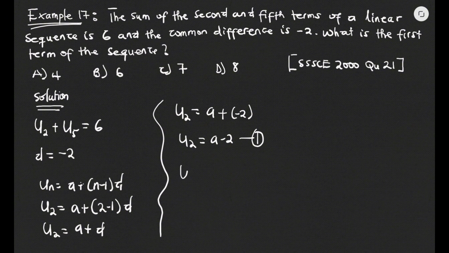Okay, so let's look at u5. For u5 we'll have a plus (n minus 1) multiplied by d, and the 5 is the value of n.